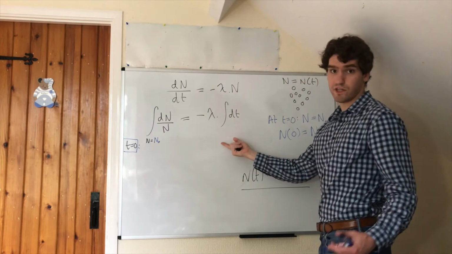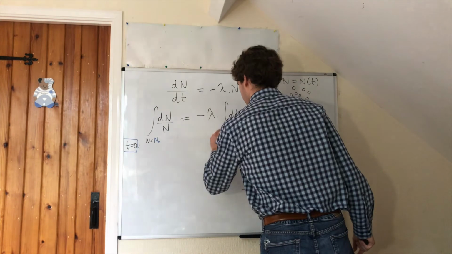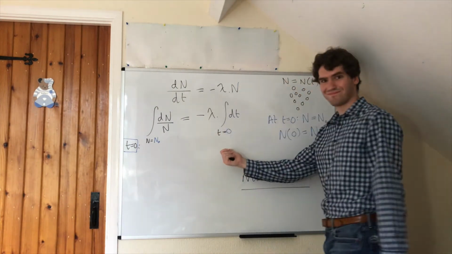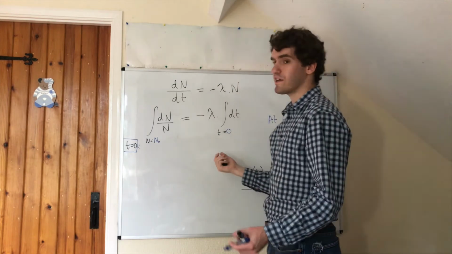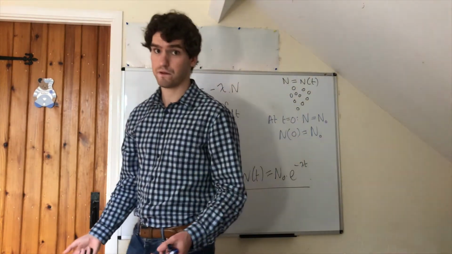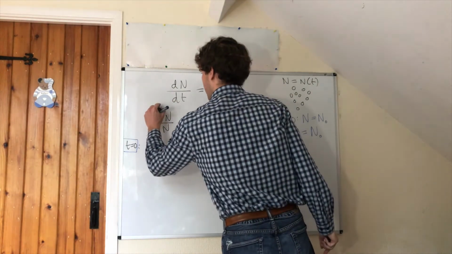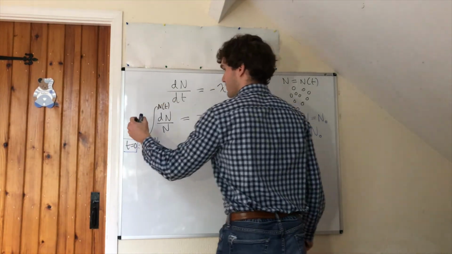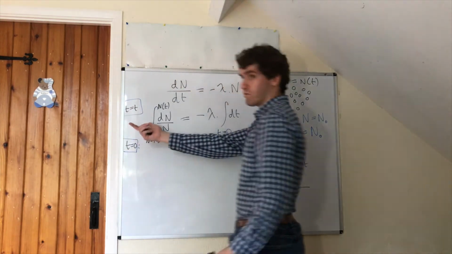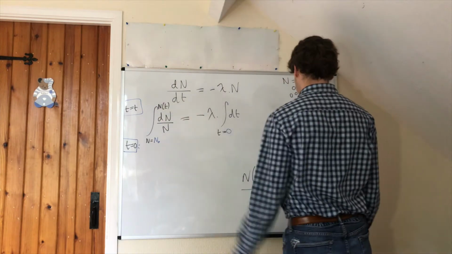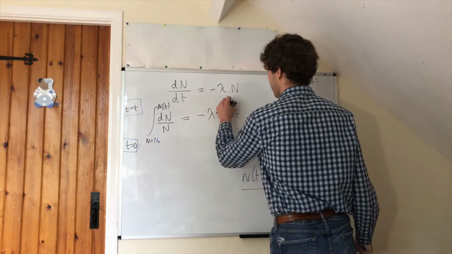So the value of t at t equals 0 is 0, so I can just put t equal to 0 here. And on the upper limit, you just integrate as if you were doing an antiderivative. So you just put your general n as a function of time. Essentially we're just saying when t is some general t, n will be n of t, and t will just be t.